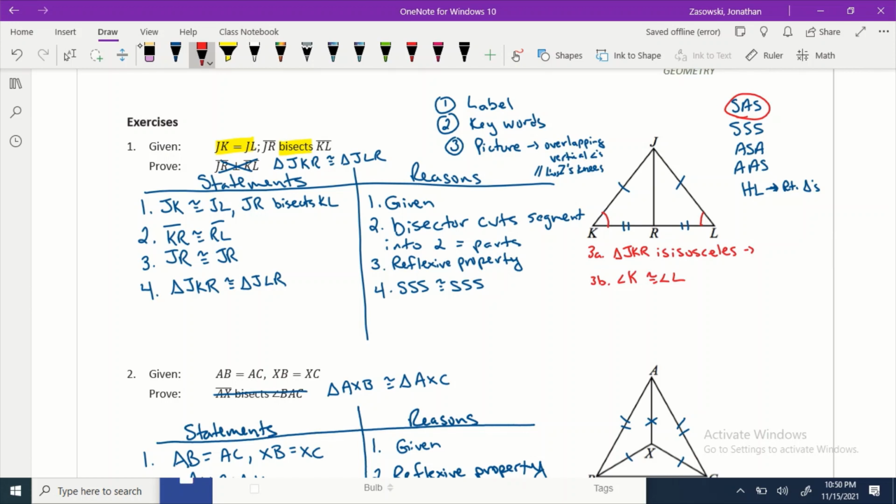So remember, this one is going to be the 2 sides of an isosceles triangle are congruent, and this one would have been base angles of an isosceles triangle are congruent. Now, just like we did before, you could have said isosceles triangles have 2 congruent sides. So if you wanted to write that, we'd write that instead, totally fine as well. Okay, so that would have been another option here.